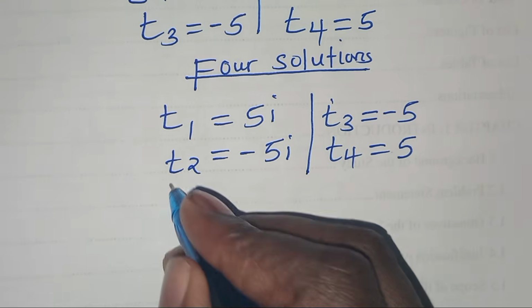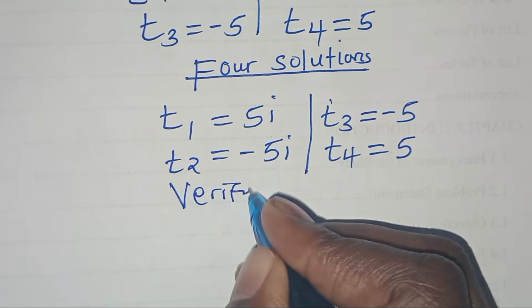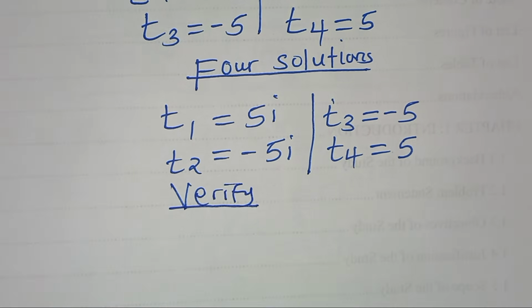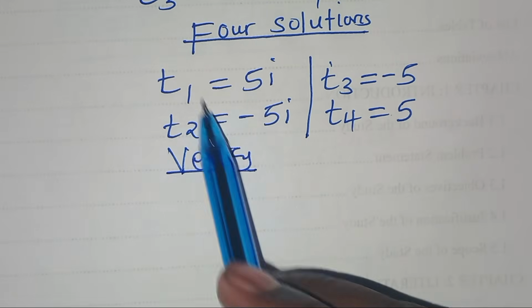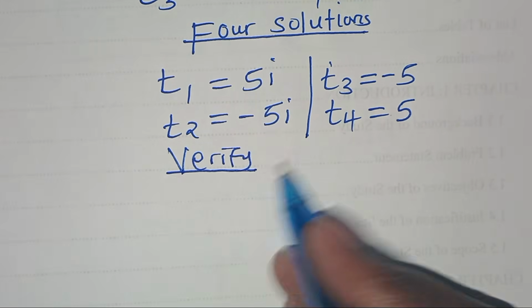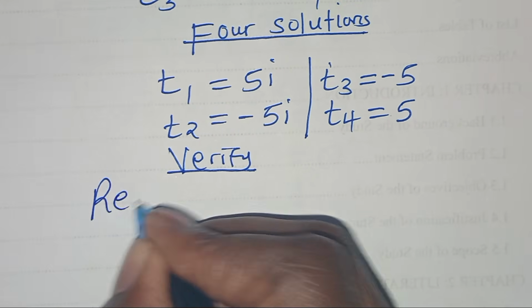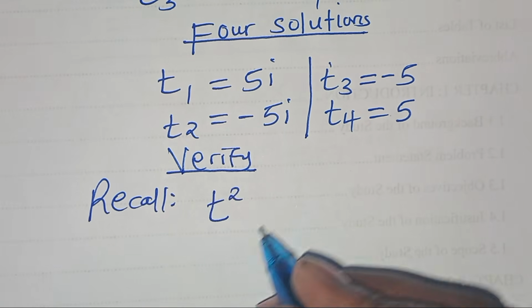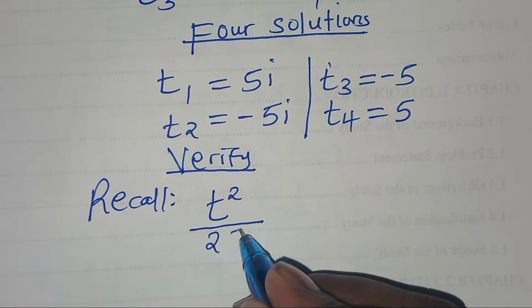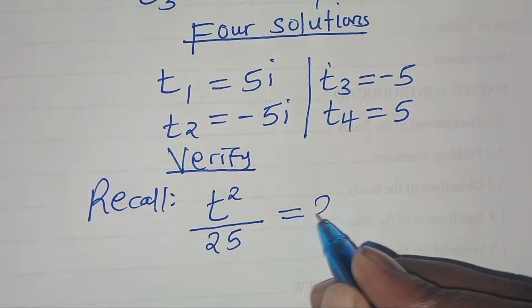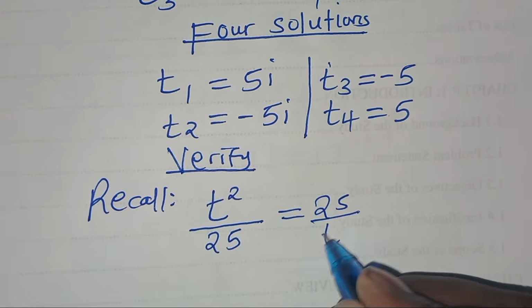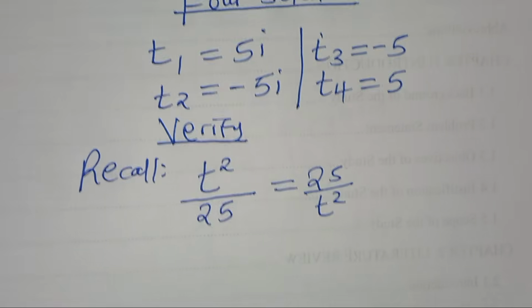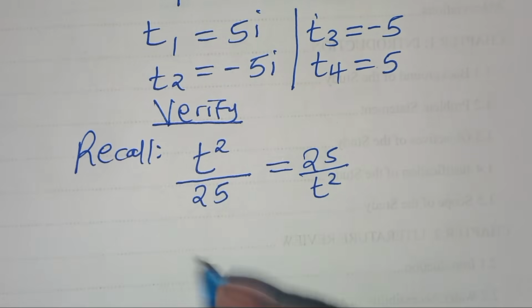The next step here is to verify. Let's verify that T1 satisfies the equation. Now, if you recall, we end at T to the power 2 divided by 25 is equal to 25 divided by T to the power 2. So T to the power 1 is 5i.